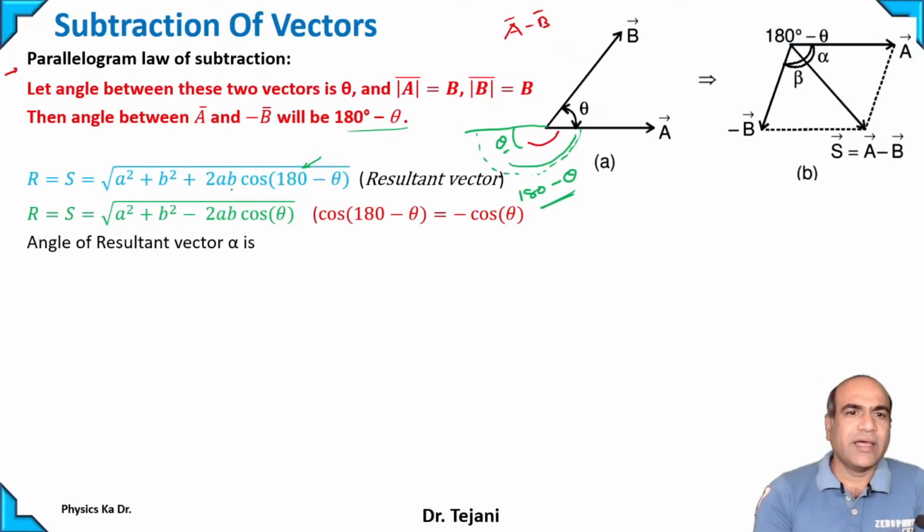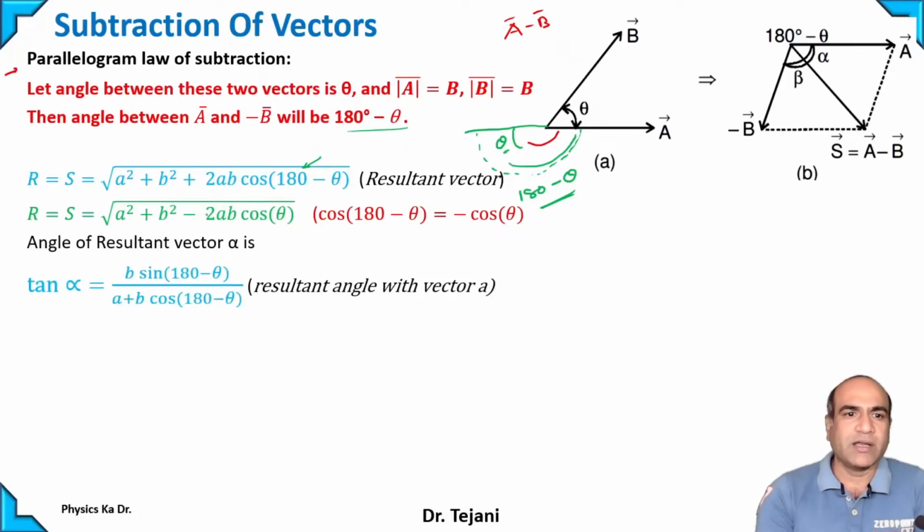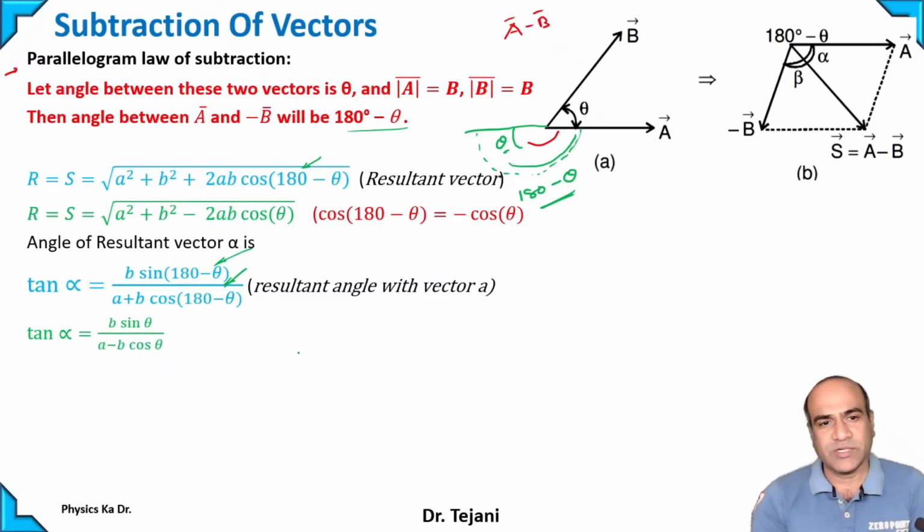Similarly, if you want the angle alpha with respect to A bar, that becomes tan alpha equal to B sin theta divided by A plus B cos theta. But theta here is 180 minus theta. Put the value here. Sin of 180 minus theta becomes sin theta, and cos of 180 minus theta becomes minus cos theta.